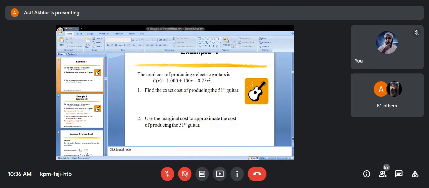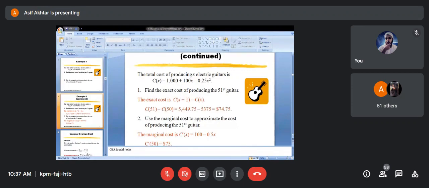Minus 0.25 will remain as it is, and differentiation of x square will become 2x. So you will get 100 minus 0.25 into 2, that is 0.50. So 100 minus 0.5x. The same as what we have done. Is this the same? Yes, sir, it is.